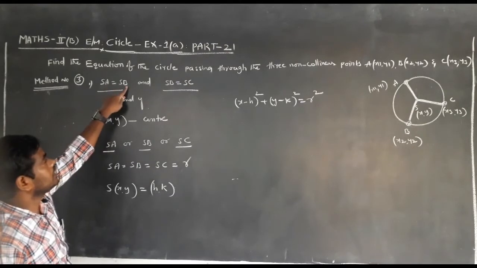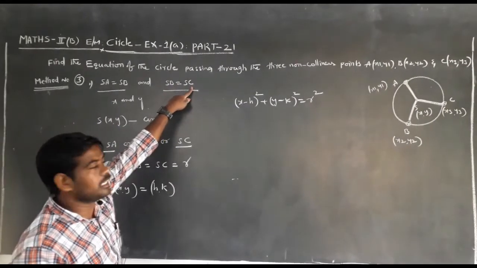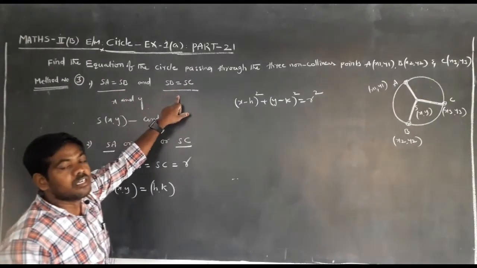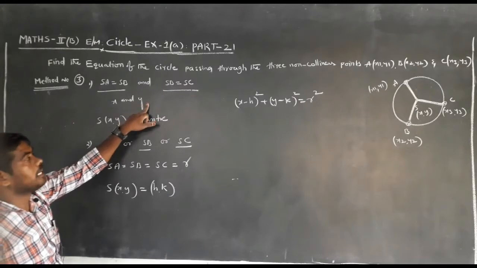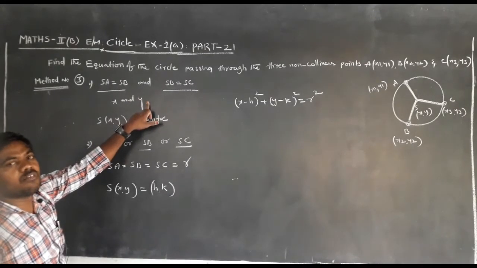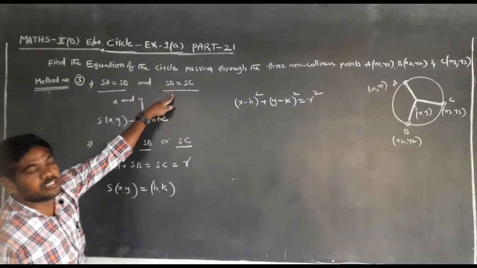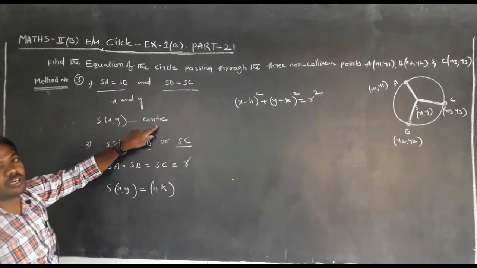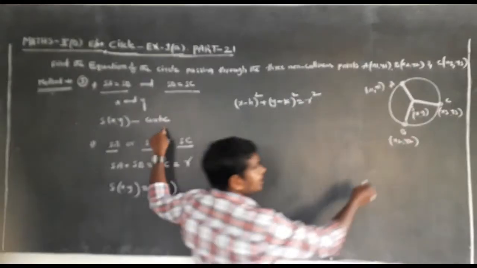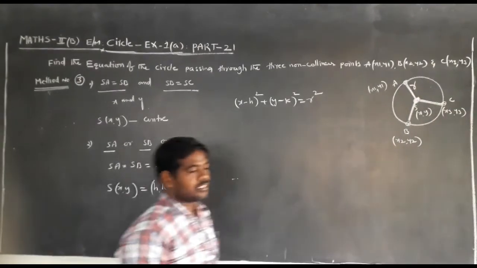These are two equations simultaneous in variables x and y. Solving them for x and y, S(x, y) is the center of the required circle.